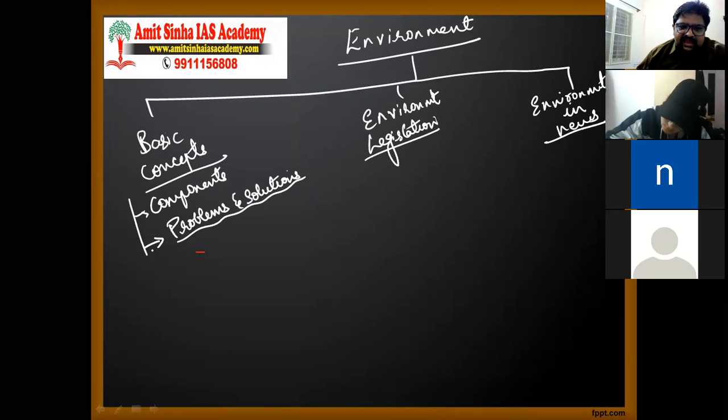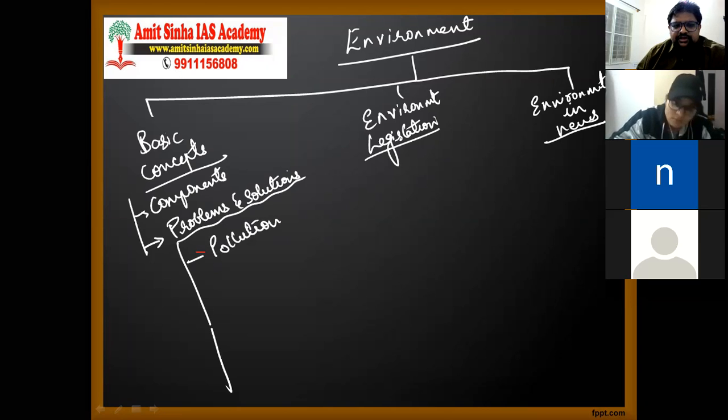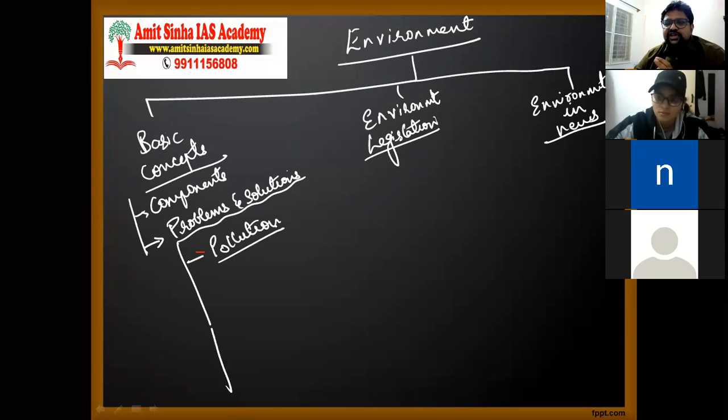What will come under this? Under these problems and solutions, you will be targeting different problems related to environment. What problems do you encounter? First of all, pollution. Under pollution you have air pollution, water pollution, noise pollution, radioactive pollution, solid waste pollution, thermal pollution, even sound pollution and light pollution.